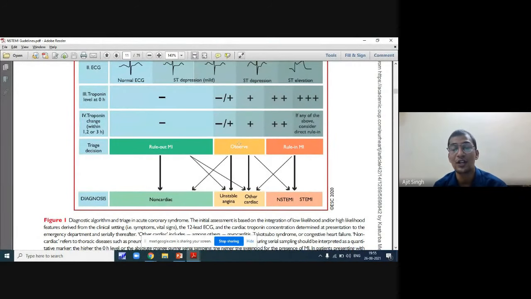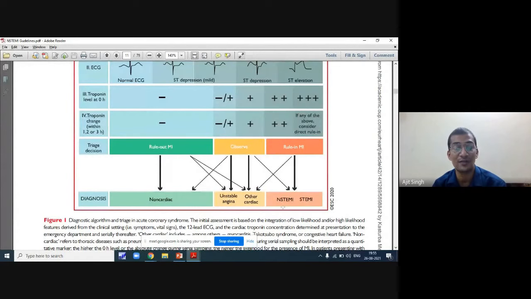And if the patient is in the mild case, first observe the patient for some time, do the troponin, and check if it is unstable angina. Then you can go for TMT and angiogram. And if there are no significant blocks, in that case you can just give the medicines and discharge the patient on medications, after angiogram only.